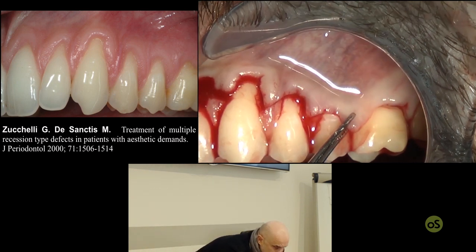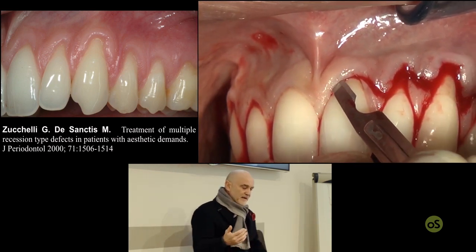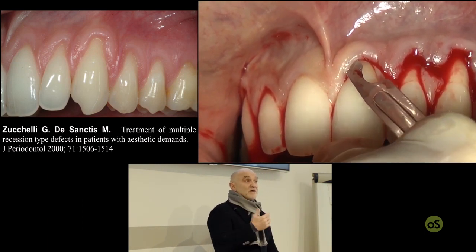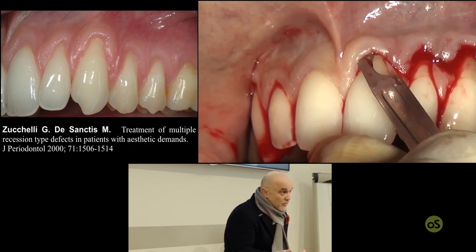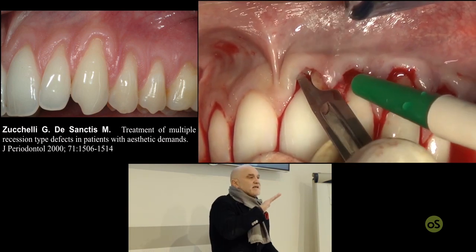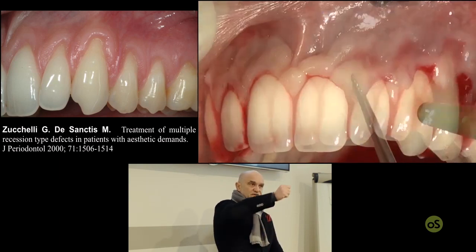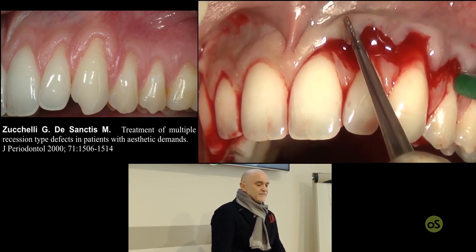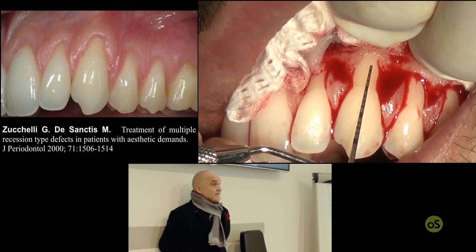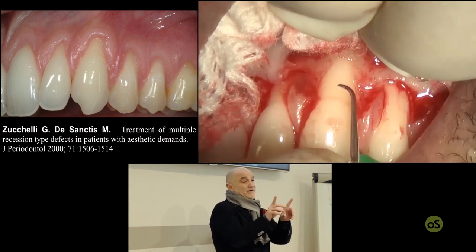Now, the same thing is done at the level of the central, where we make a sort of tunnelization of the interincisor papilla, so we make our incision deep, parallel to the bone, to detach the frenulum from the periosteum, to detach the whole muscles from the periosteum, and at least when I can change the inclination, because everything is detached, like now, I make the superficial incision, and this superficial incision will make the papilla rotate, cover the central and the lateral, with no need to elevate the interincisor papilla, which is always a papilla that you should avoid to elevate because of the presence of a big frenulum.